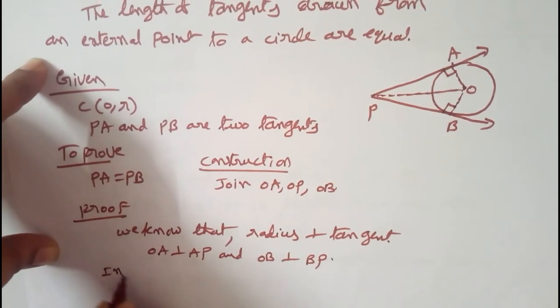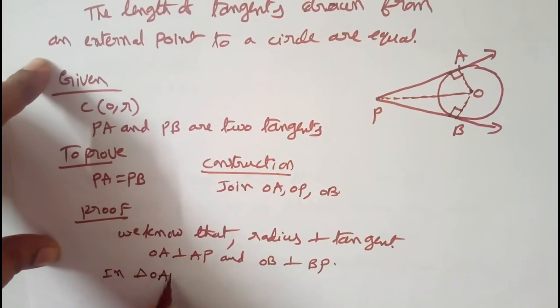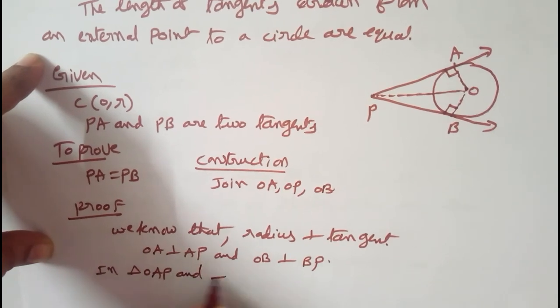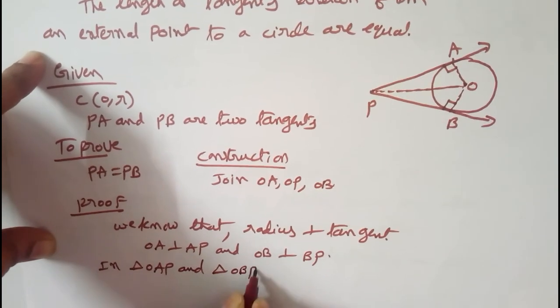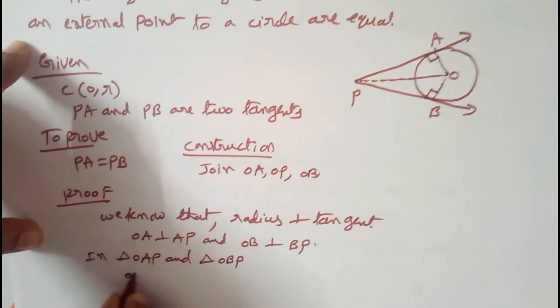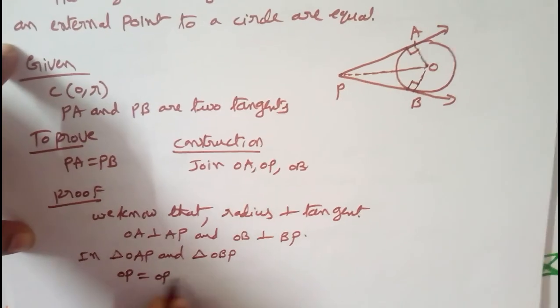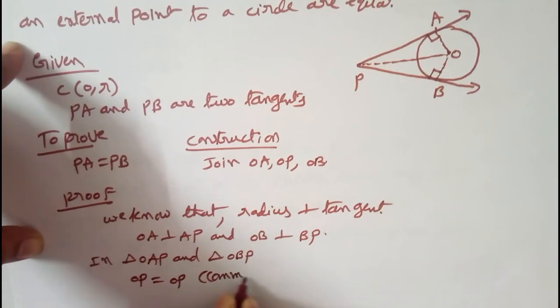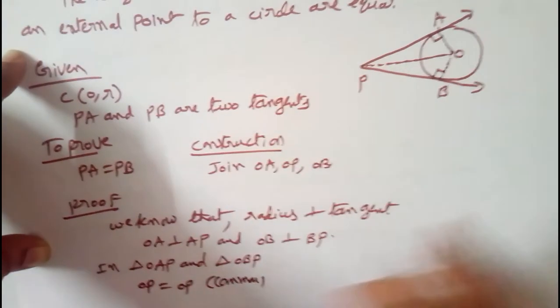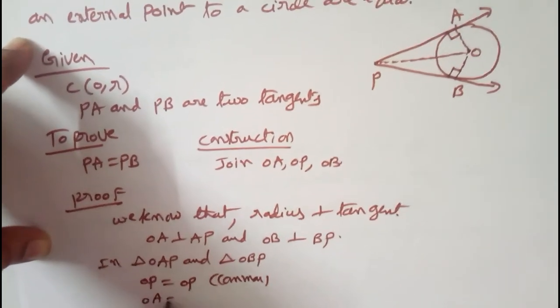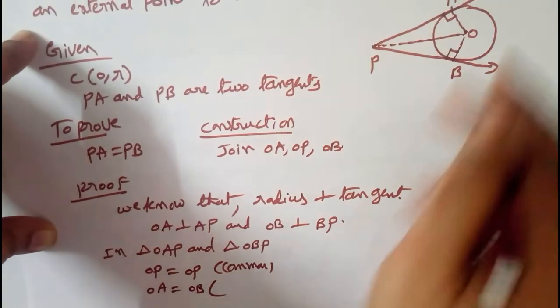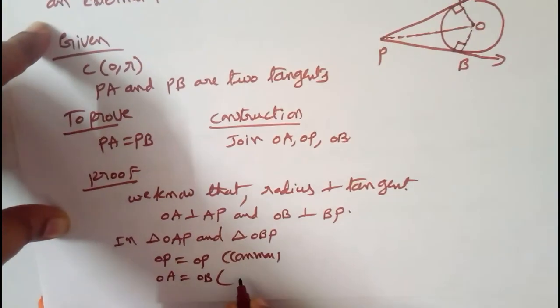So in triangle OAP and triangle OBP, OP is equal to OP, the common side. OA is equal to OB, radii of the same circle.